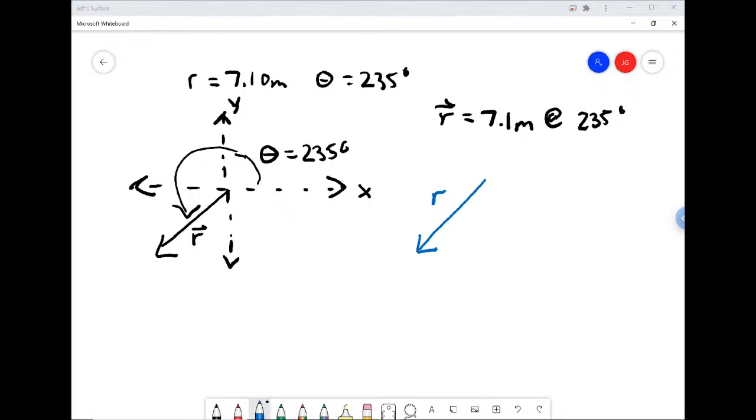We talked about the fact that you can resolve a two-dimensional vector into a y component and an x component, and you can do that using trigonometry. Got to know what that angle is right there.